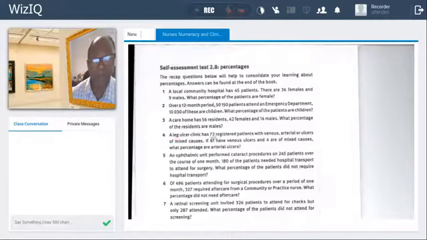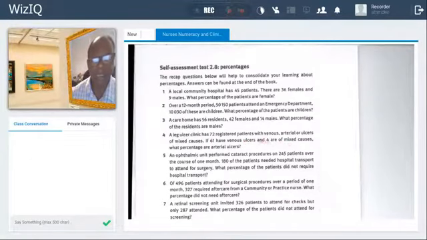So, in total, we have 72 registered patients who have venous, arterial or ulcers of mixed causes. So that's the total. Now, 61 have venous ulcers, and 4 are of mixed causes.